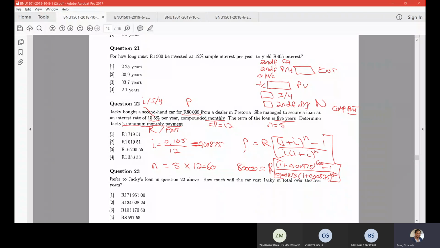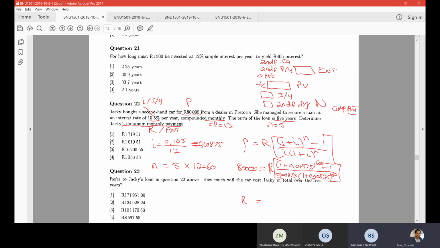You will have to calculate all this, so that you find R.